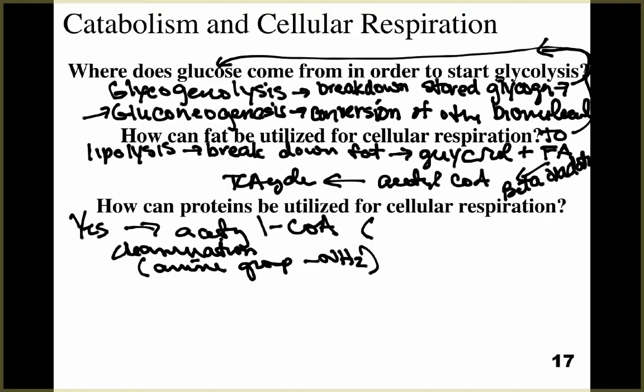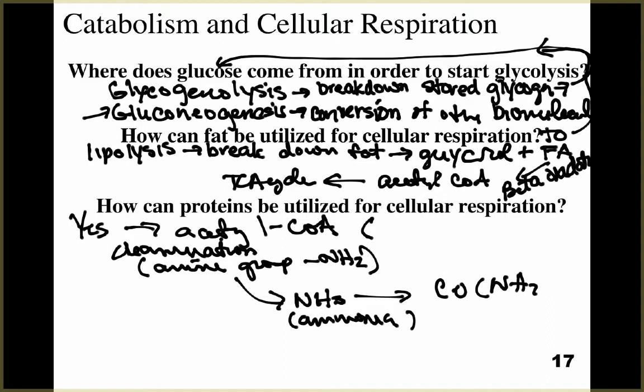And so you can break down proteins to feed straight into the Krebs cycle, and then deamination is going to produce basically byproducts, because then that amine group is changed in the body or processed to NH3, which is ammonia. And then this gets further processed into this crazy looking molecule here.